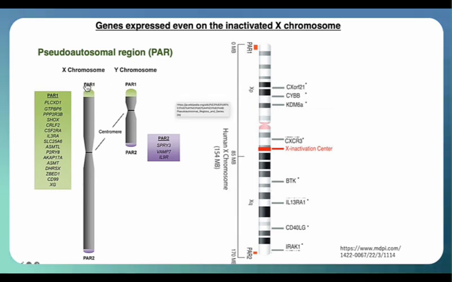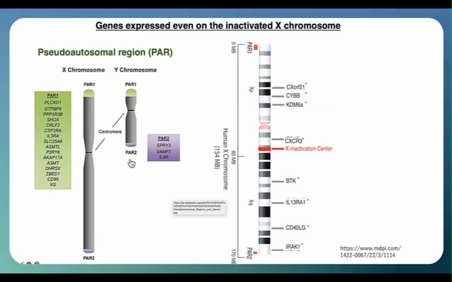Genes in these regions escape inactivation, even on the inactivated X chromosome, and are not subject to expression suppression. The PAR regions are conserved on both X and Y chromosomes, and encode common genes. So whether XX or XY, genes in these regions are expressed from two copies, similar to autosomal genes.